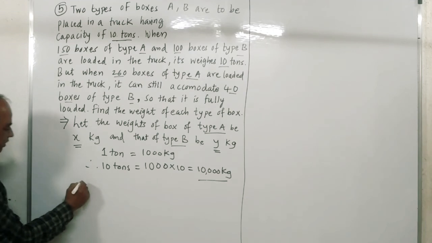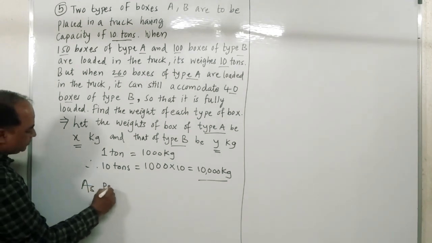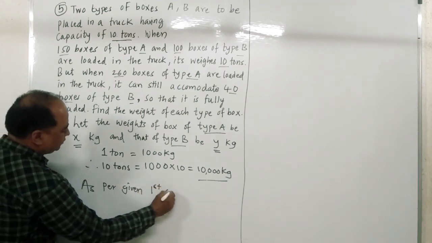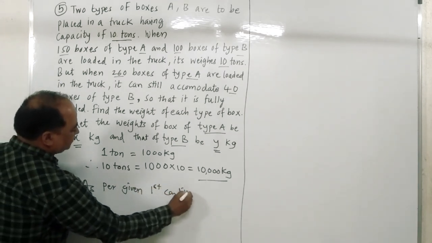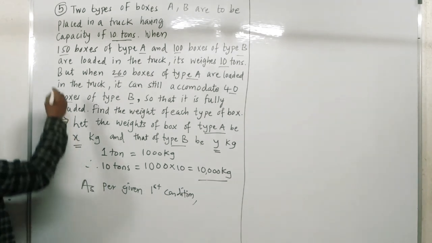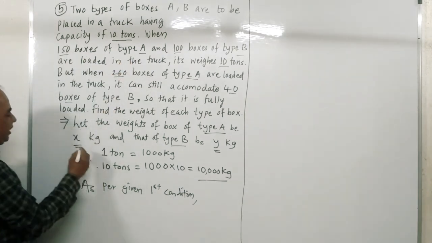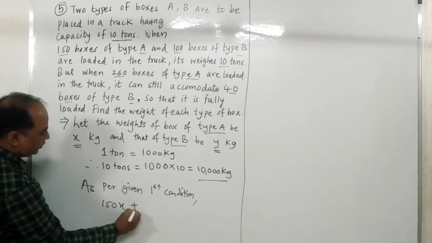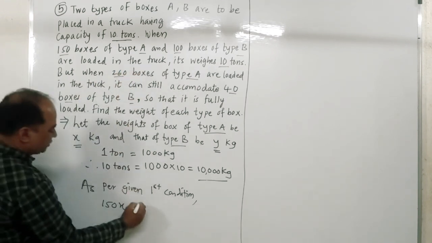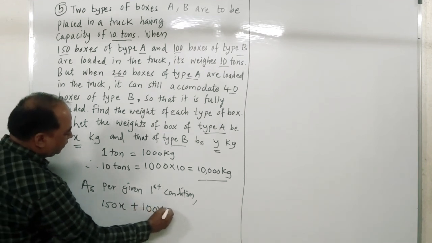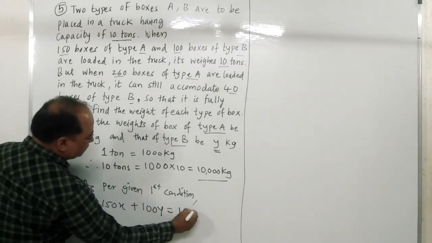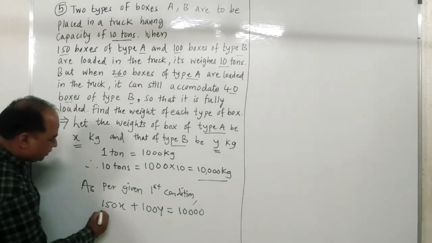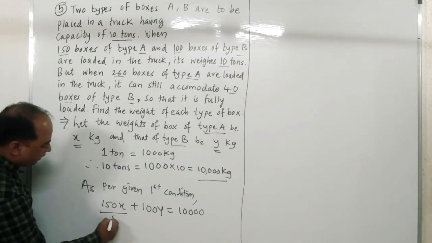Now as per the given first condition, 150 boxes of type A, that is 150x, plus 100 boxes of type B, that is 100y. Total weight is 10,000. Now this is divisible by 50.